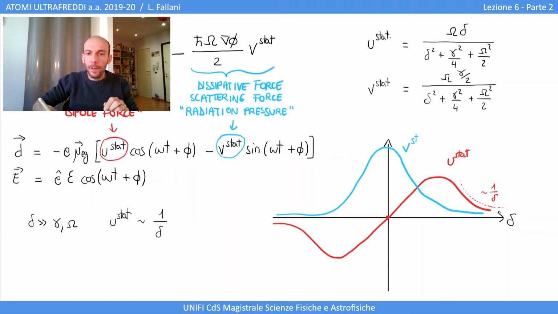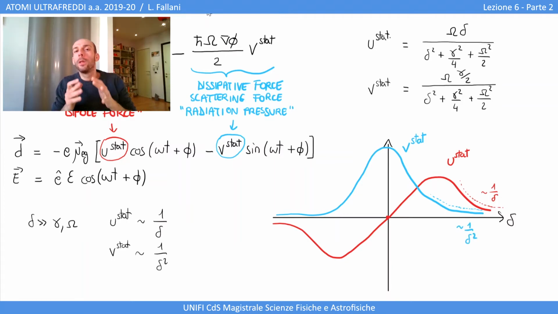So this is stationary v, and this is maximum on resonance, so for zero detuning, and for large detuning its asymptotic behavior is that of a Lorentzian function, so it goes to 0 as 1 over delta squared. Keep that in mind because these two different asymptotic behaviors will be very important then for applications. So the v component goes to 0 at large detuning much faster than the u component.